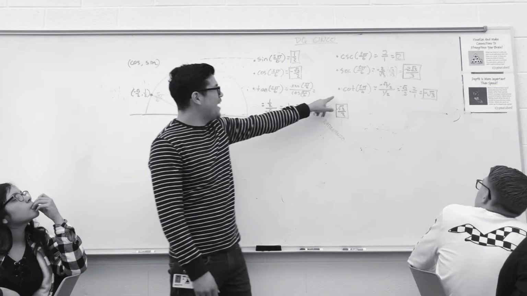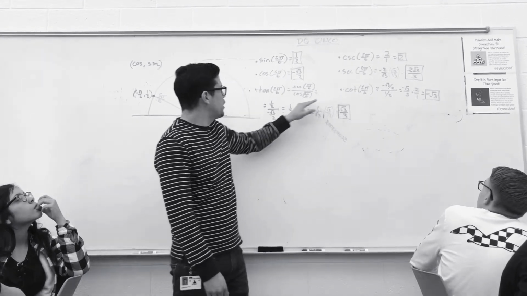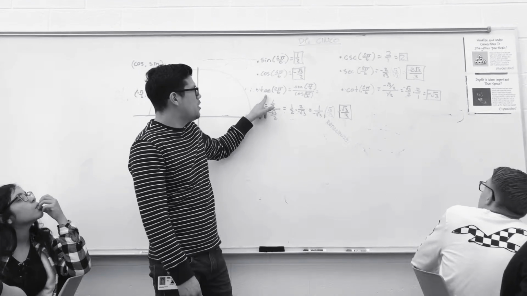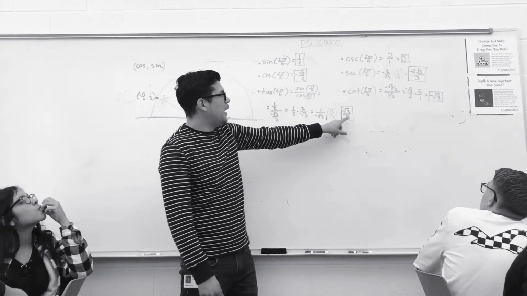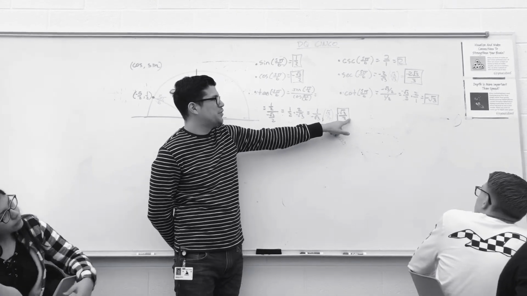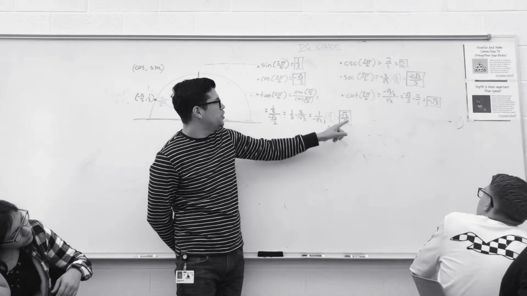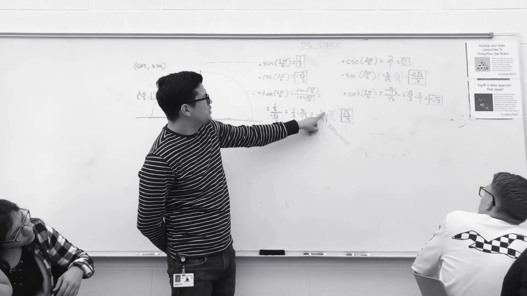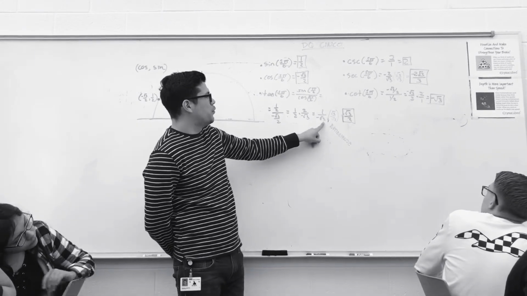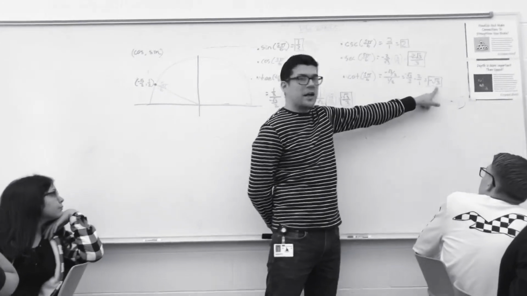Last, I have cotangent. Alright, my cotangent of 5 pi over 6 is simply going to be the reciprocal of my tangent. Alright, and I'm actually not going to just find the reciprocal of this, because if I do, I'm going to have to rationalize all over again. I would have a radical at the bottom. So you can actually trace back your steps, and you can see that at some point you had 1 over negative root 3, which means I can just find the reciprocal of that and get negative root 3.